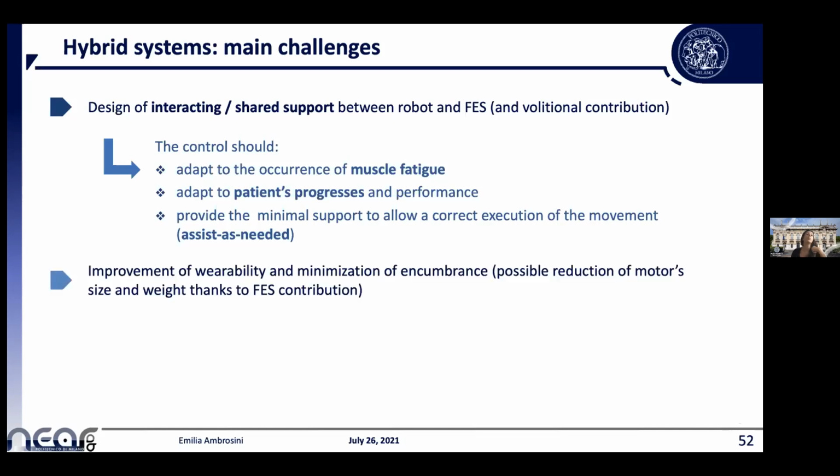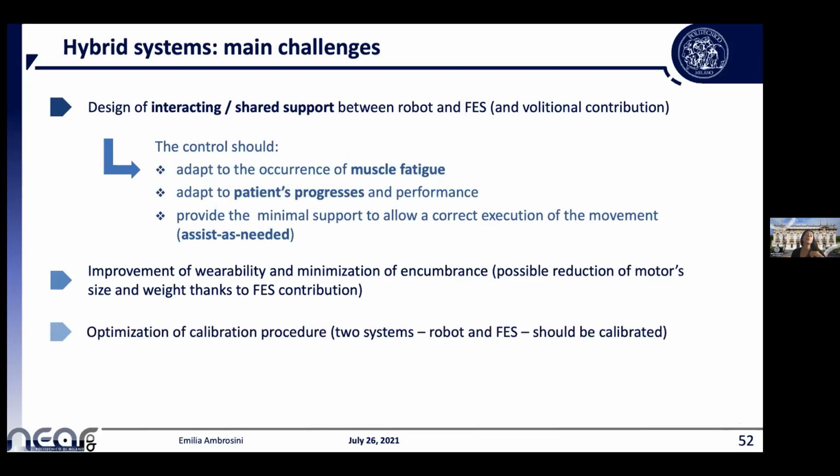We need to improve wearability and minimization of the encumbrance, possibly reducing motor size and weight thanks to FES contribution. And we should optimize the calibration procedure, because when I'm speaking about hybrid systems with physiotherapists, the main question is, okay, so now I need to set and calibrate two systems instead of one, both the robot and FES.